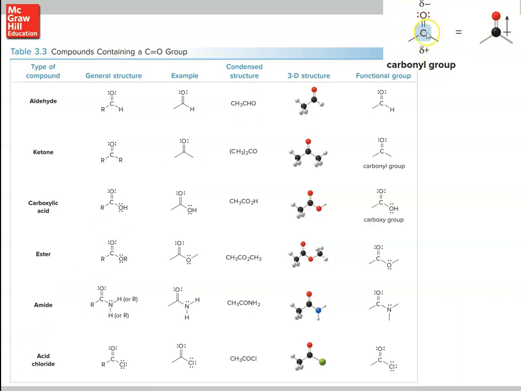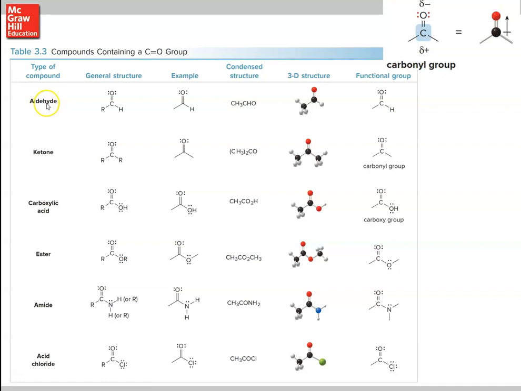There are, again, electronegativity differences between carbon and oxygen. So we'll have a partial positive charge on this carbon and a partial negative charge on this oxygen. And this really allows a lot of chemical reactions to happen with this functional group. So there are different functional groups that contain that. There are 1, 2, 3, 4, 5, 6 of these that we're going to cover right now in terms of the carbonyl group.